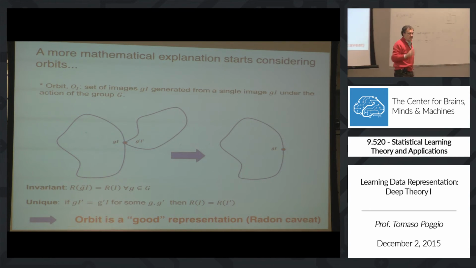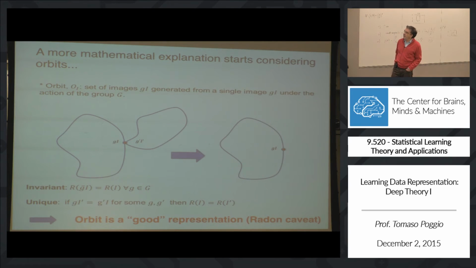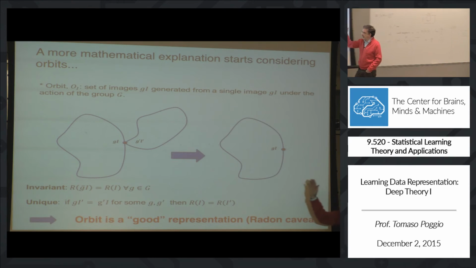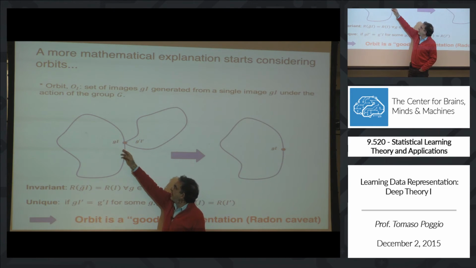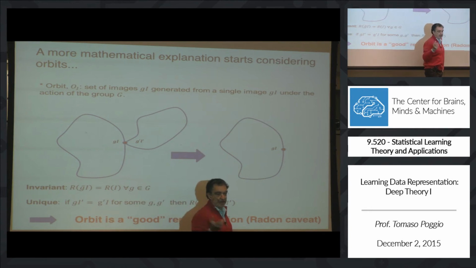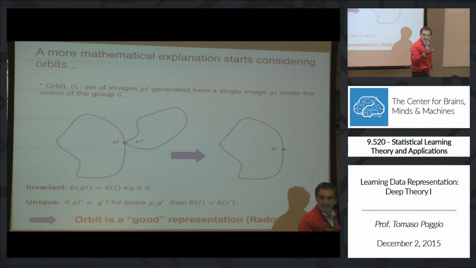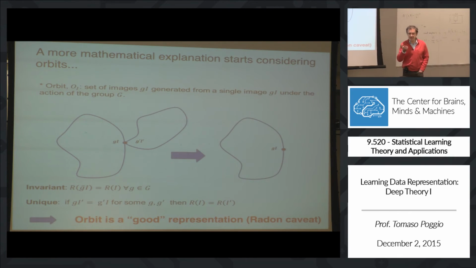So in 2D, this is the ideal case, because in practice you may have two objects that are different, but may become very close to each other. So in practice, it may be difficult to distinguish with a certain resolution that they are different.